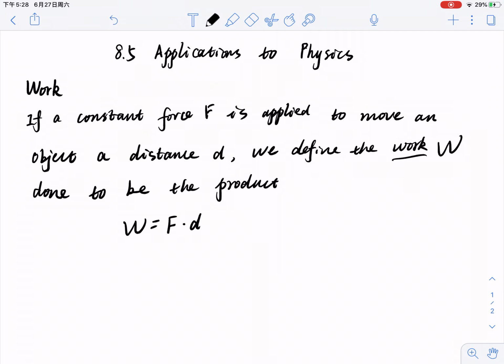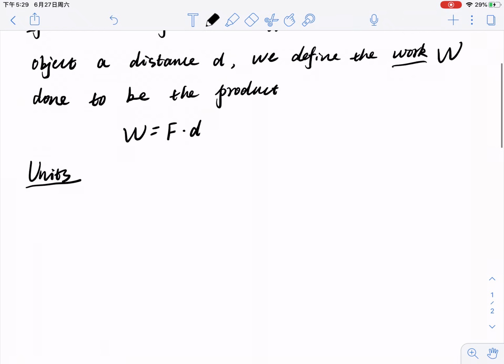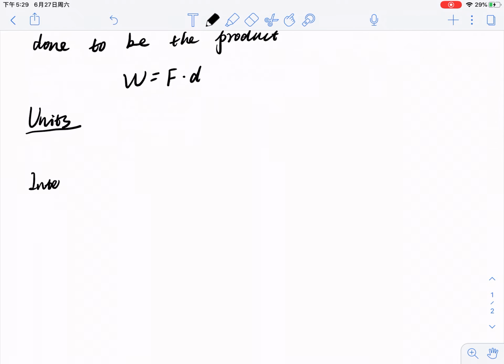So next we'll talk about the units. There are several sets of units in common use. To measure work, we will generally use two sets of units, international, also called SI, and British units. Let's first look at the international units, also called SI units.